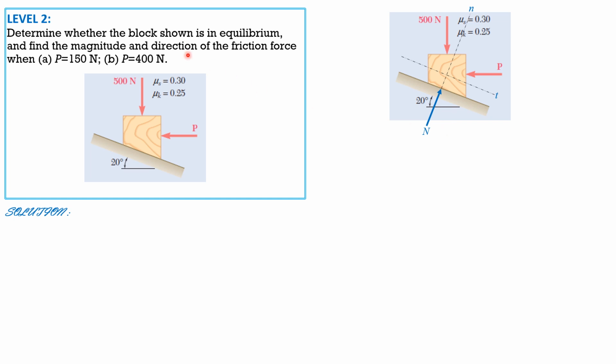Since the condition is just to determine whether the block shown is in equilibrium, and then find the magnitude and direction of the frictional force, let's compute the maximum frictional resistance when the block is in motion, which is mu sub k times normal, and the maximum frictional resistance when the block is in equilibrium, or we have impending motion, which is 0.3 of the normal.